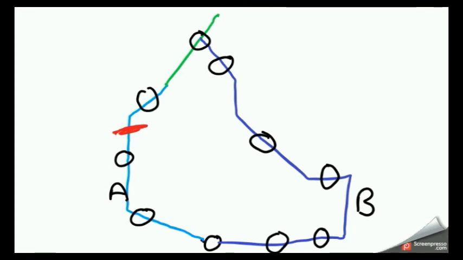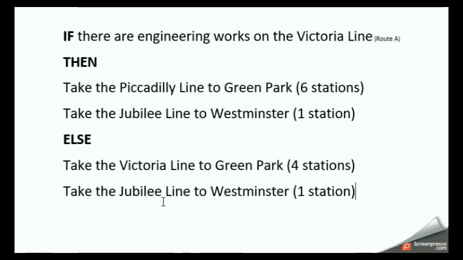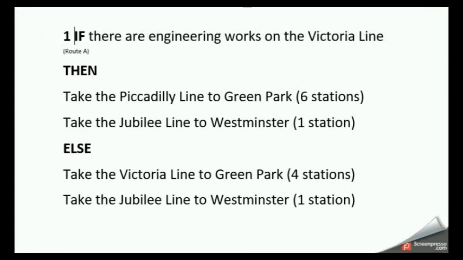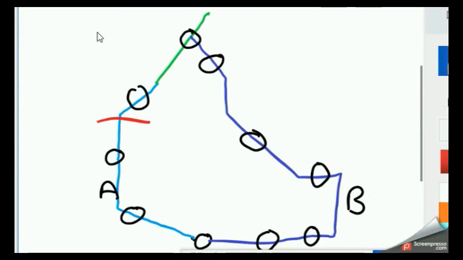So let's see how this would look written down in an algorithm, what I've just said. So let's see this algorithm in action. The first line, so let's put number 1, will be if there are engineering works on the Victoria Line. So let's check. Yes, there are engineering works on the Victoria Line.